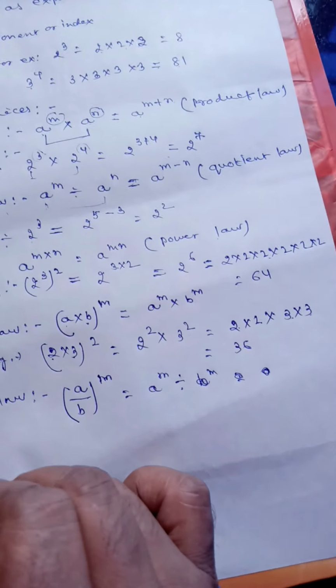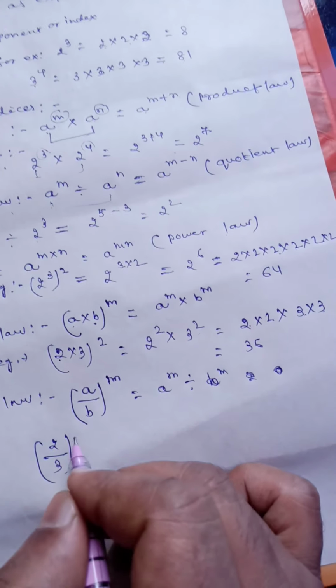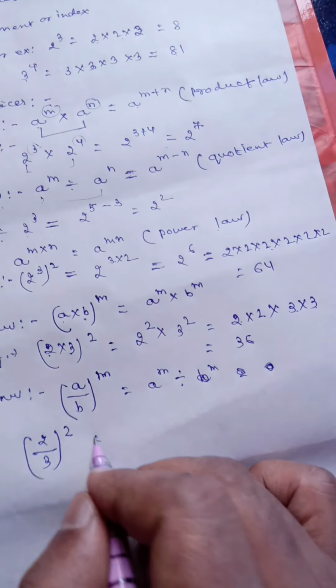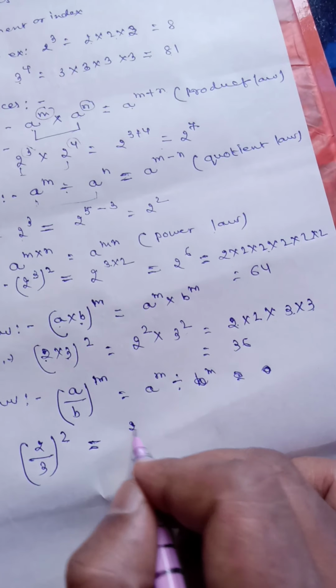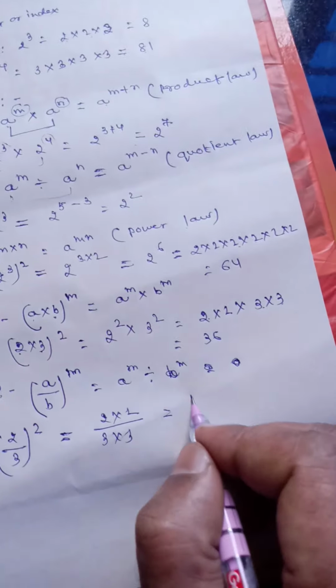For example, 2 upon 3 raised to power 2 is equal to 2 into 2 upon 3 into 3, which is equal to 4 upon 9.